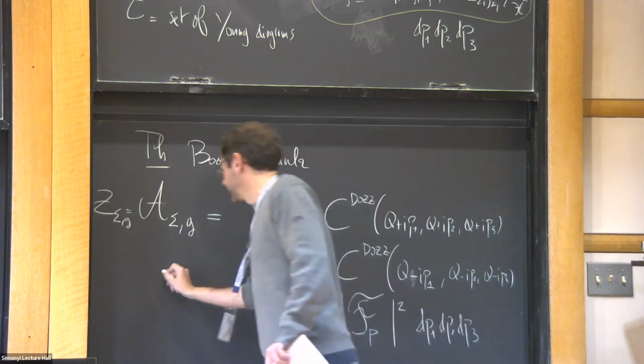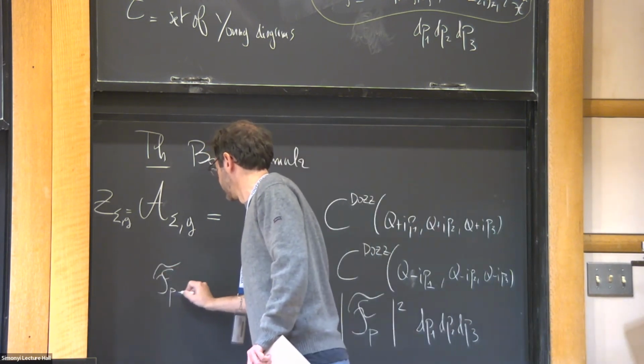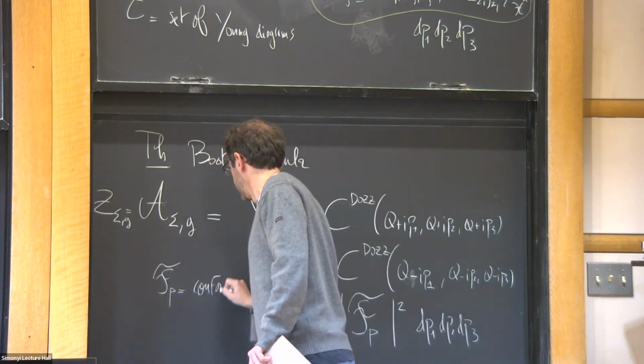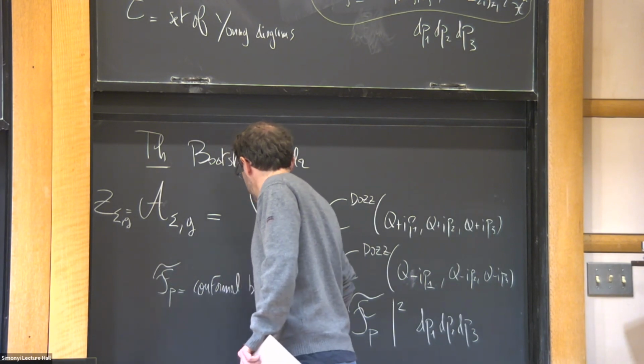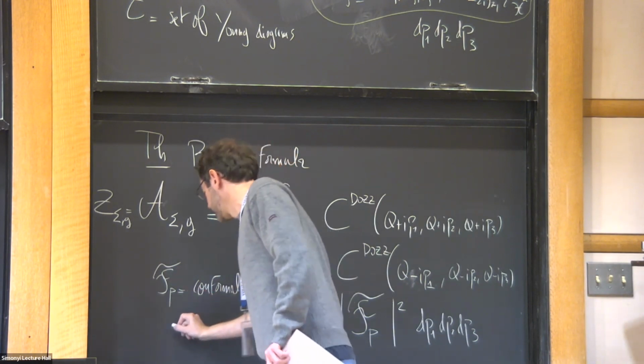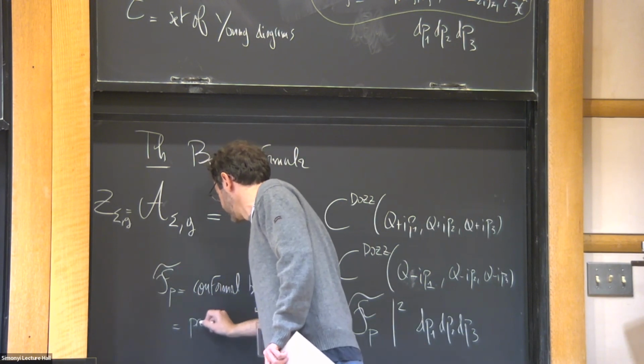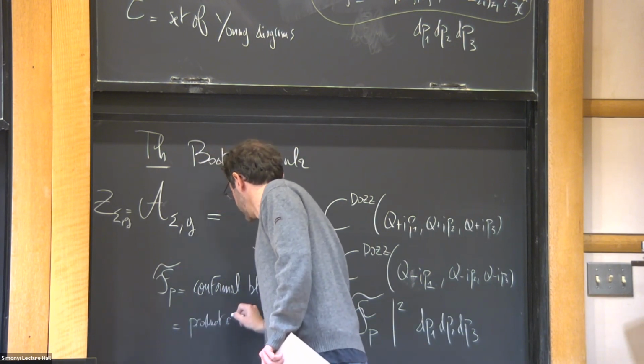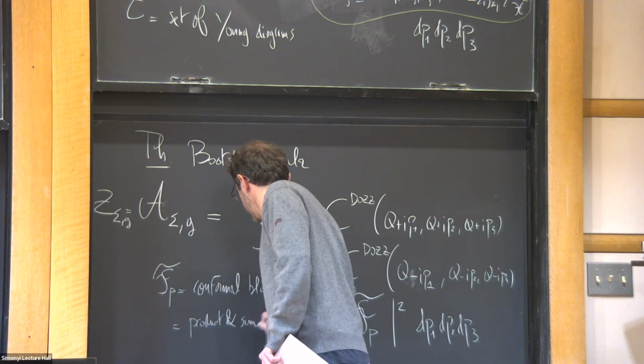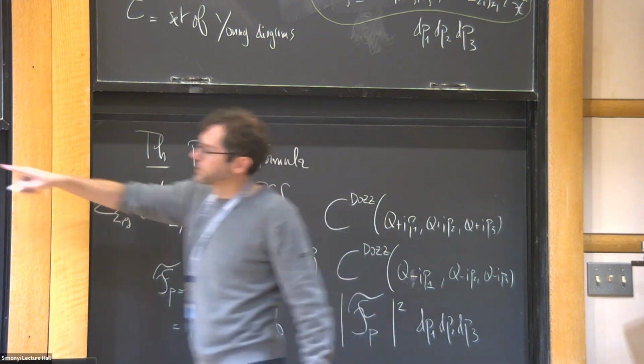And this FP is what is called the conformal block. And this FP is just a product and sum of this W coefficient here, which appear in white.